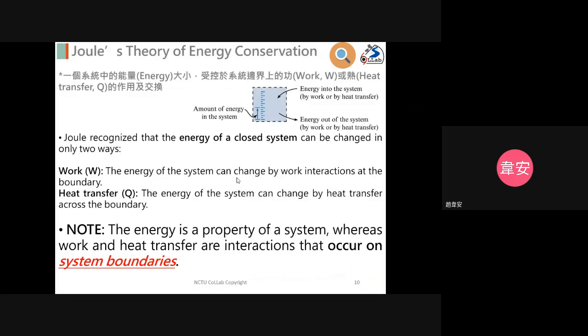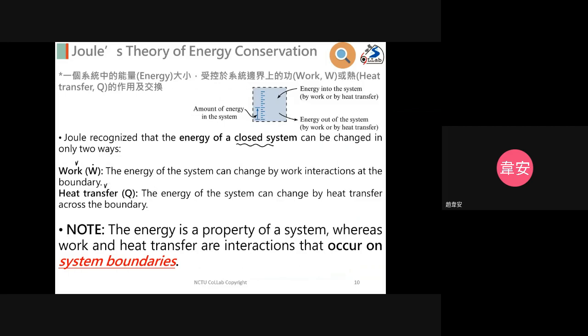Now let's consider a closed system, which has only two ways to change the energy. The first one is work, and the second one is heat transfer.